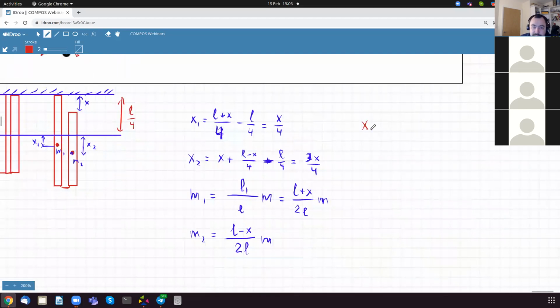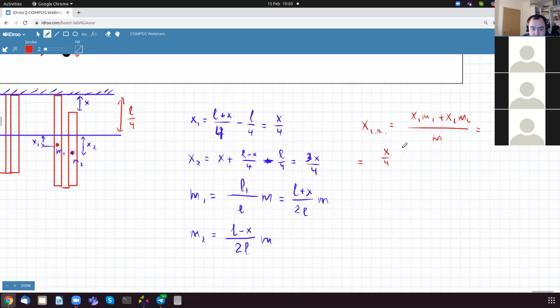So X center of mass is X1 M1 plus X2 M2 divided by mass, which is going to be slightly tedious. So X1 is X over 4.